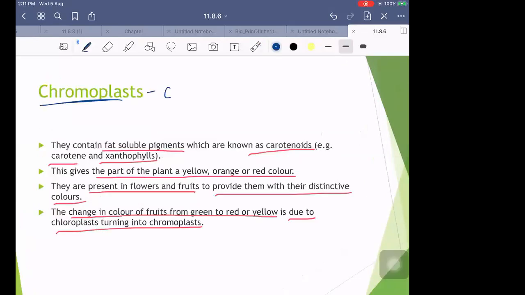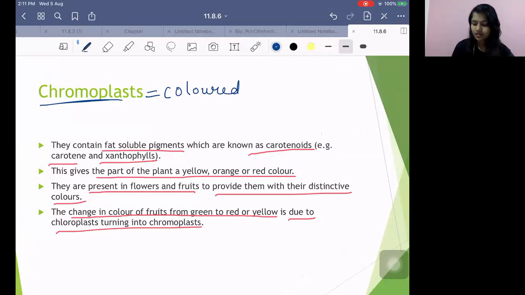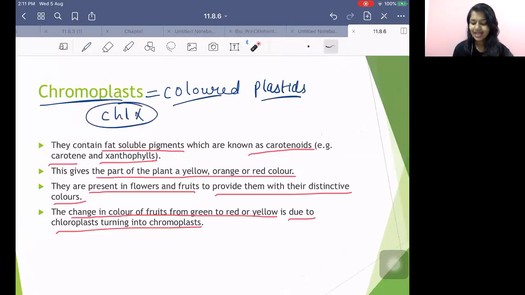Chromoplast, you can equate it to colored plastids. It does not have chlorophyll. Other than this, it has so many other pigments like carotenoids. For example, carotene and xanthophyll. These are the types of carotenoid.